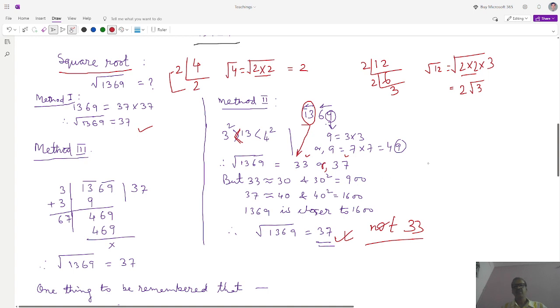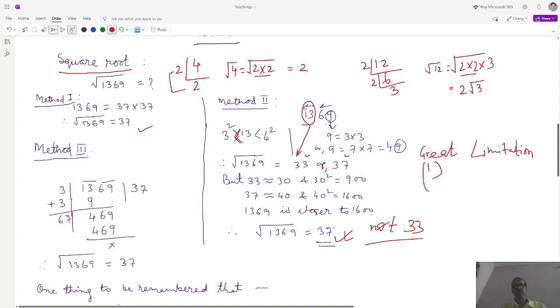But one limitation is here, a great limitation. That is, this method can only find the exact square root of an exact square number. 1369 is the square of 37.